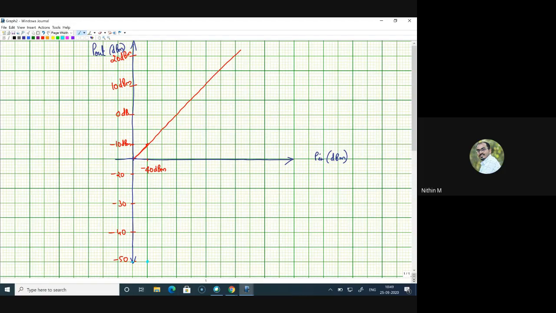That means it will not go like this, rather it will go with a slope of 2, something like this. So if I extend this, okay, let me mark this side as well. So this is minus 40.